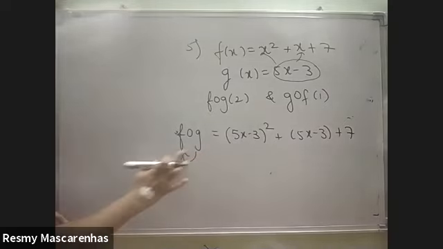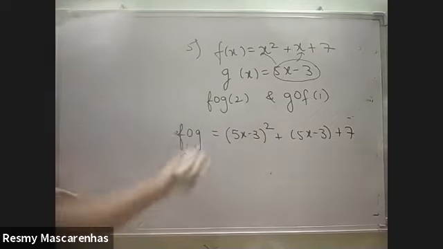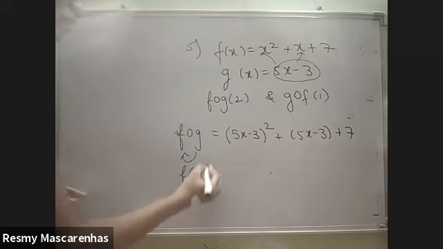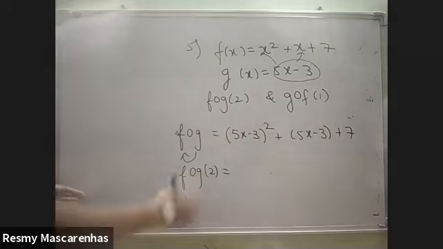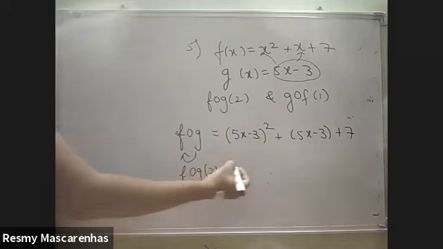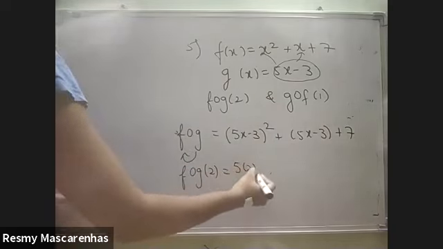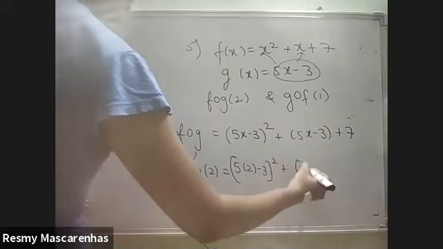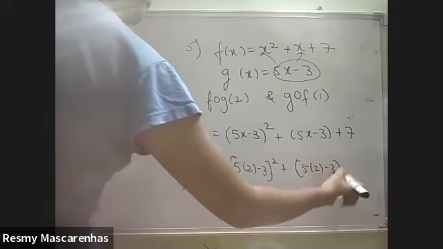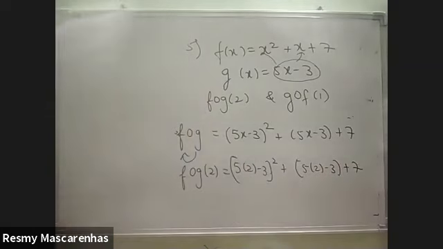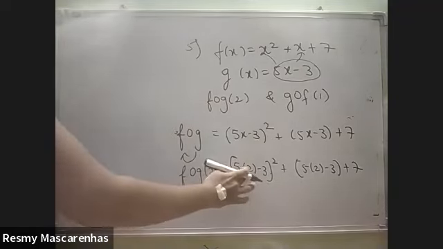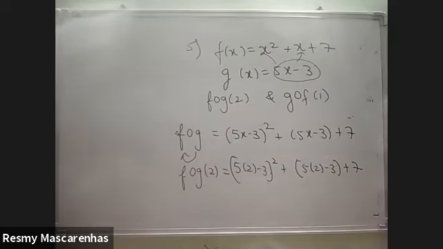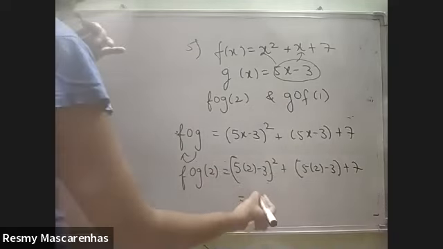What you have to find out, FOG of 2, means what? X value is 2. So wherever there is x, put 2 and find the answer. So this will be 10, 5 2s are 10 minus 3, 7 square.